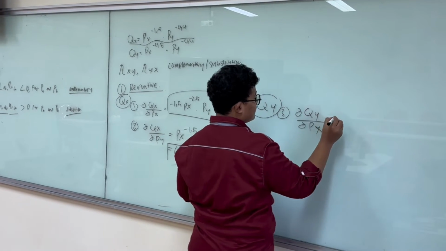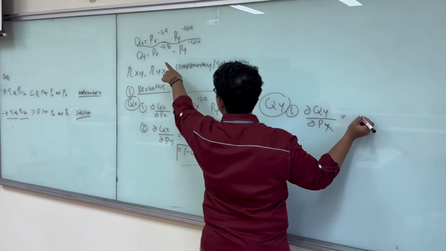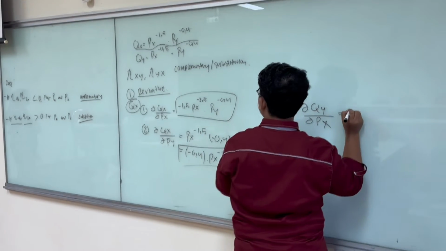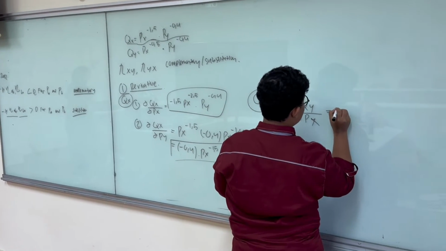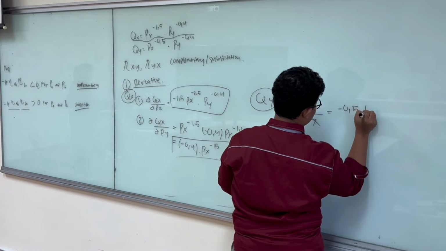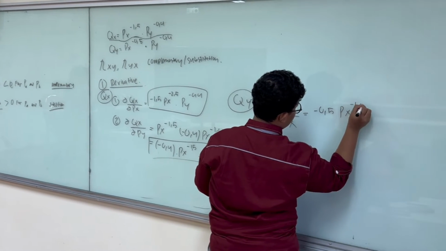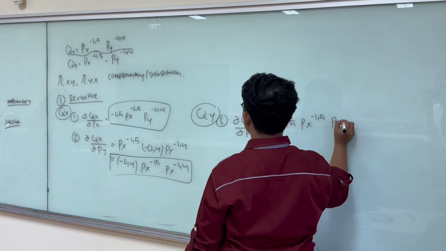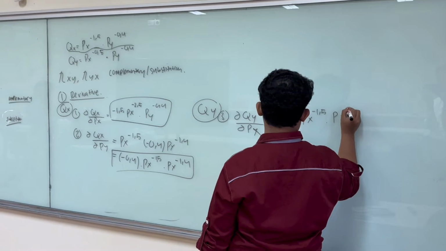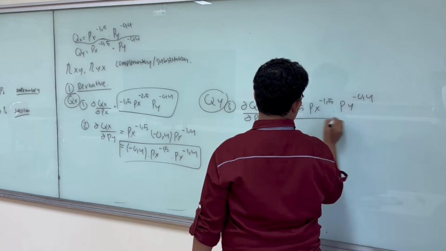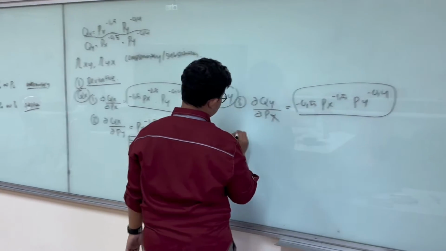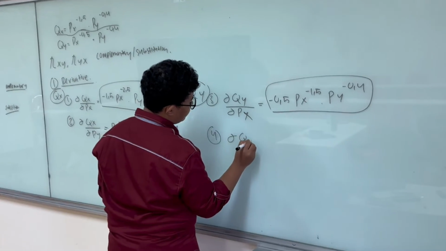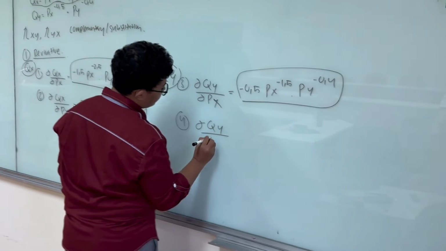And then we derive the quantity of Y function. Now we got the third derivative, and the last is the derivative of quantity Y divided by the derivative of the price of Y.